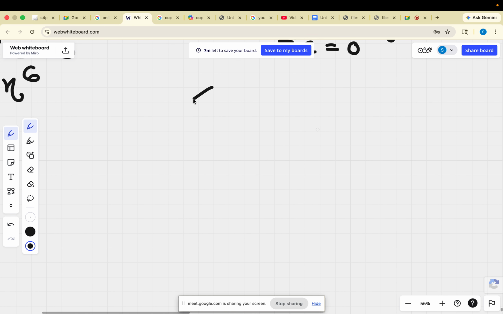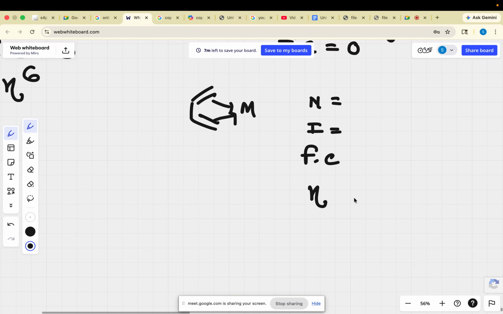Okay, if I have this, then by the neutral method how many electrons, by the ionic method how many electrons, formal charge and eta value? Tell me quickly.